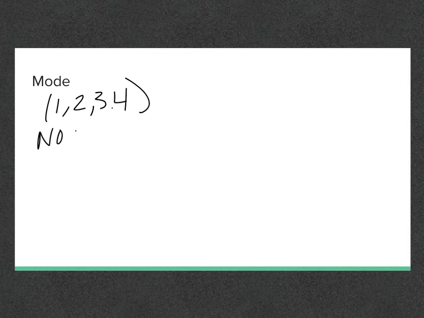With mode, we can have 3 different scenarios. I can have no mode, I can have 1 mode, and I can have multiple modes. So here's a data set with no modes. If I had 1, 2, 3, 4, that data set has no modes because every value in my data set only occurs once.